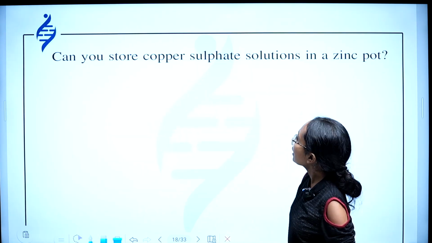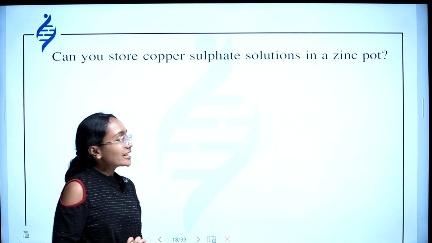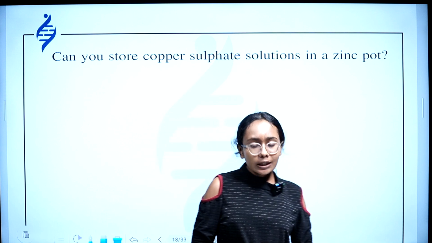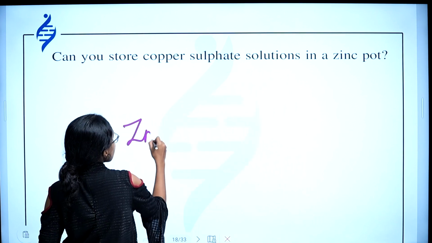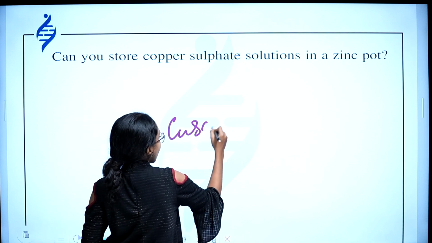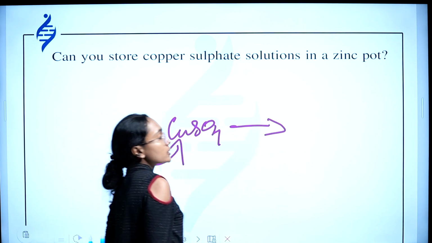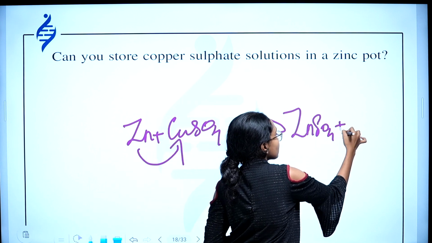Now, can you store copper sulfate solution in a zinc pot? Is it possible? Let's see. When zinc reacts with copper sulfate, what will happen? Zinc will displace copper from copper sulfate solution, and zinc sulfate is formed along with copper.